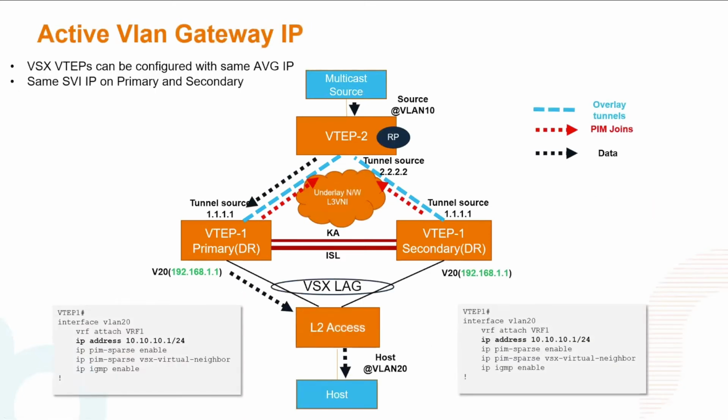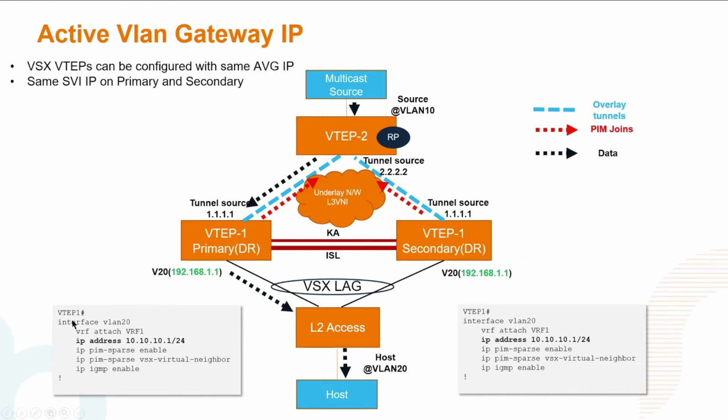Next use case: this is where you have an active VLAN gateway IP. You can configure the same IP on your border gateway for all the hosts and receivers, on both the primary and secondary. This is also supported. If you remember, regular PIM doesn't support this, but for the VXLAN use case we are supporting it.